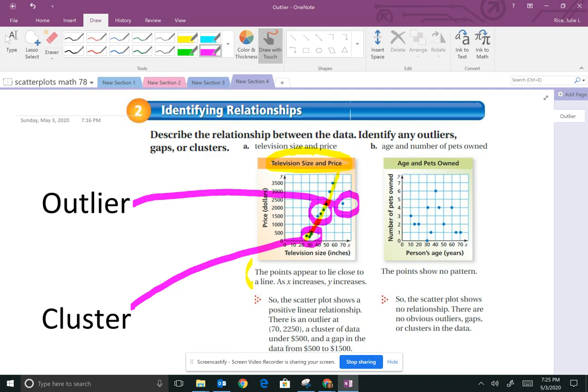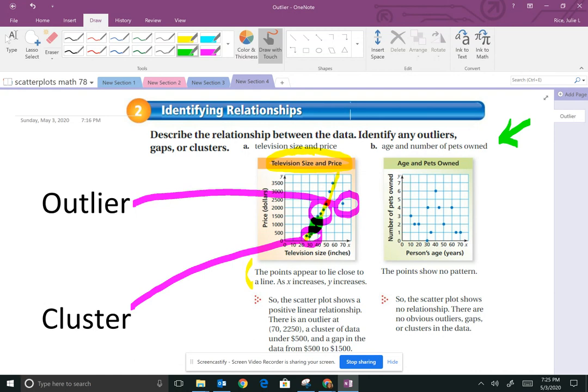You might also have a gap. A gap is where, when I drew that line, we had no dots, and I drew over it, but we almost had this space right here that formed a gap if I erased all of that. So I would definitely say there is a relationship between the size of a TV and the price.